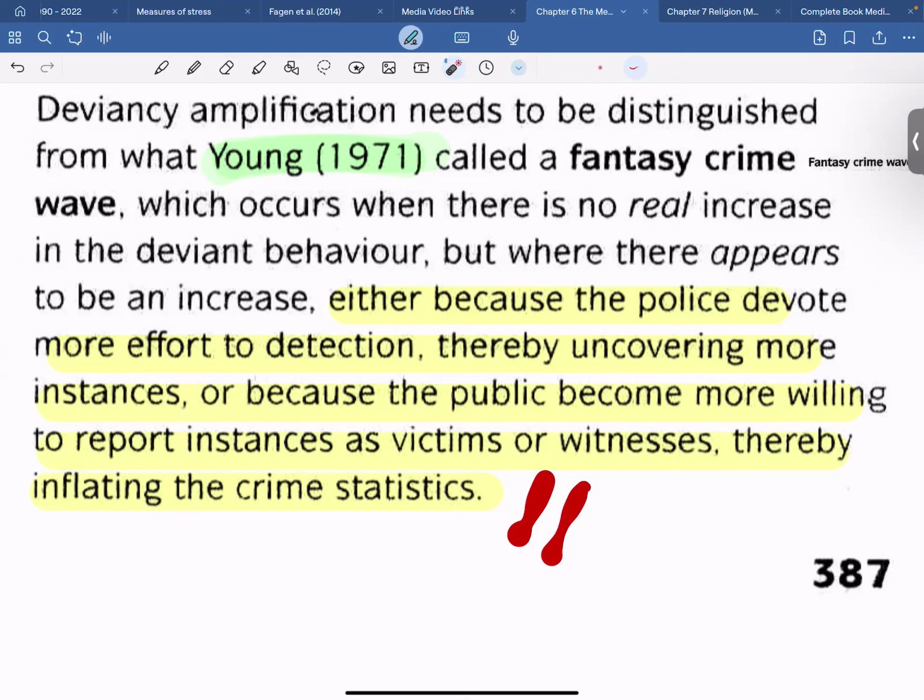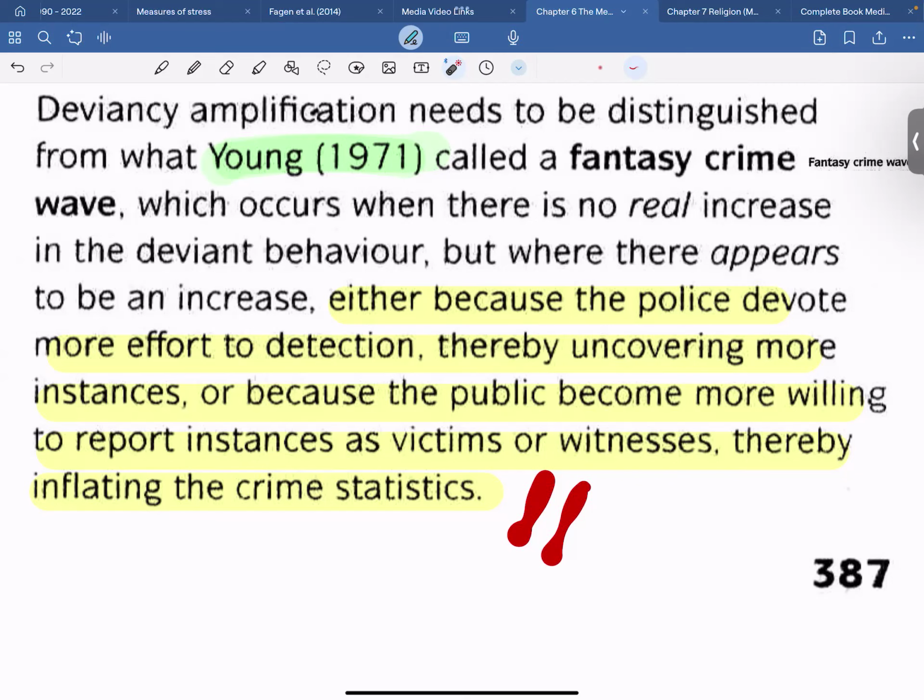And the more resources that are allocated, of course, that might result in more people being caught and sent behind bars. So eventually, this entire process is also referred to as the deviance amplification spiral. It's more like a spiral. It's more like a vicious circuit that goes on and on and on.